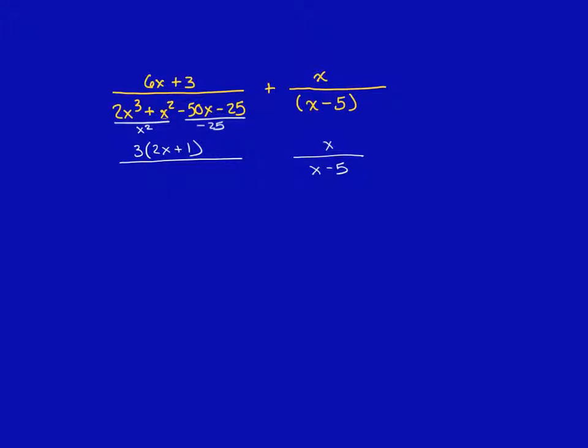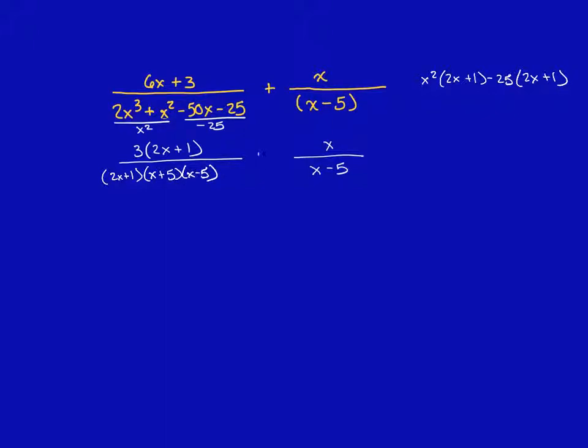So if we do our work over here, x squared times 2x plus 1 minus 25 times 2x plus 1. So we're going to have factors of 2x plus 1 times x squared minus 25, which gives us a difference of squares, so x plus 5 and x minus 5.